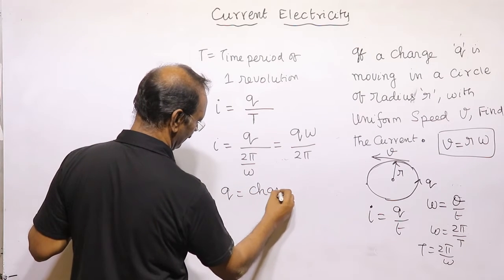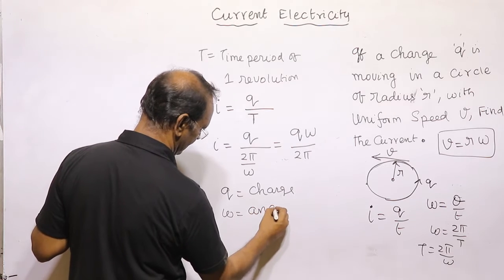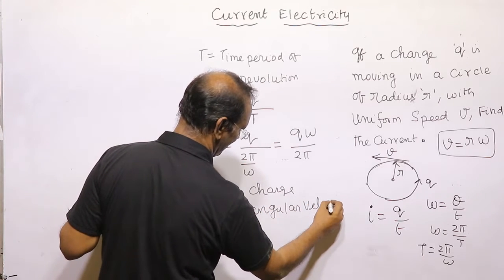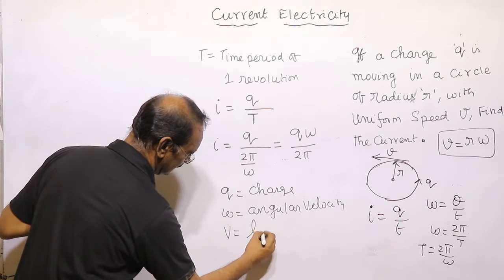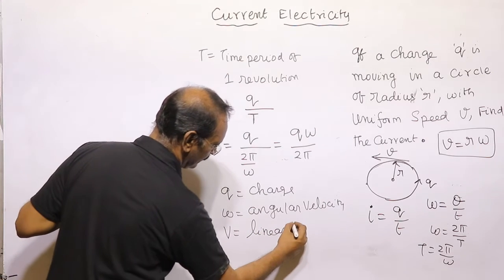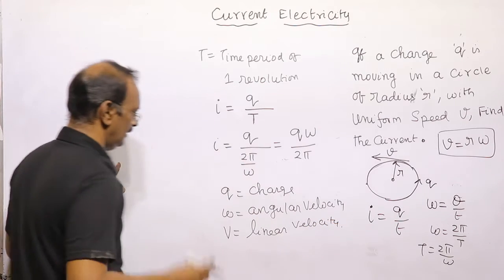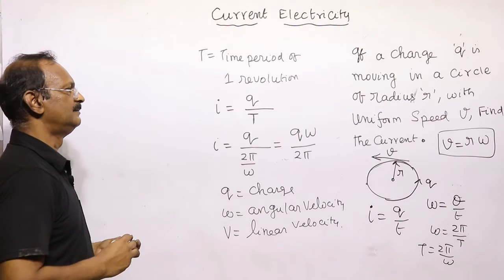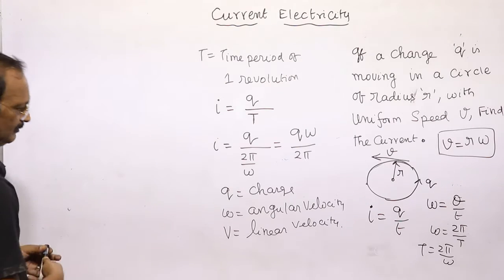Here Q is the charge, omega is the angular velocity, and v is the linear velocity. This we have already studied in +1, the relation between rotational motion and translational, that is linear, motion.